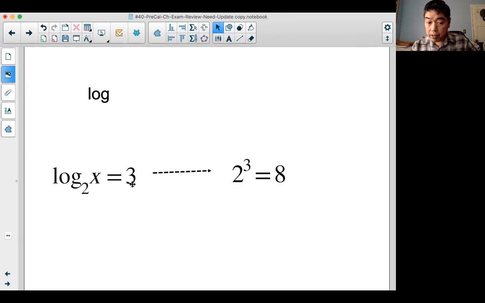X can be here, or X can be in the base. X can be a combination like 1.5x, 2x or 3x, here or here. You have to create the equation somehow, okay? That's part of the question.